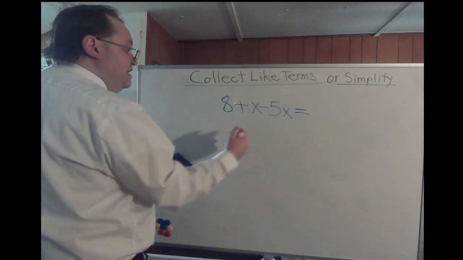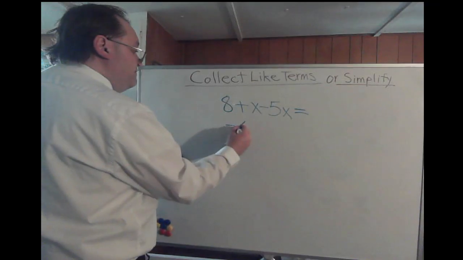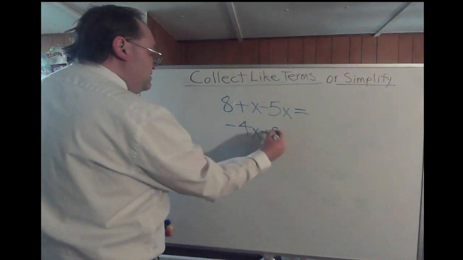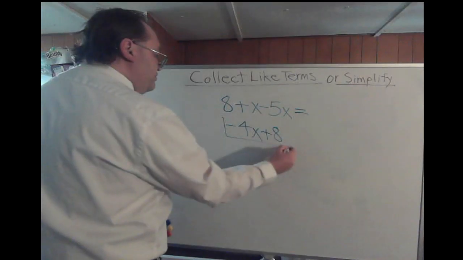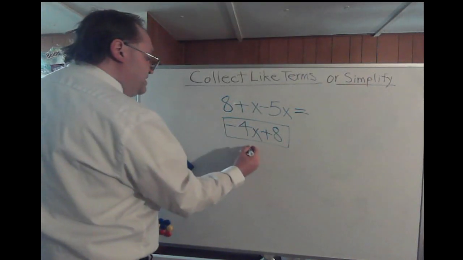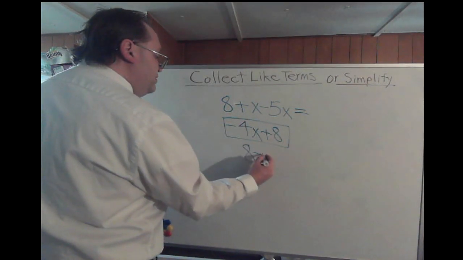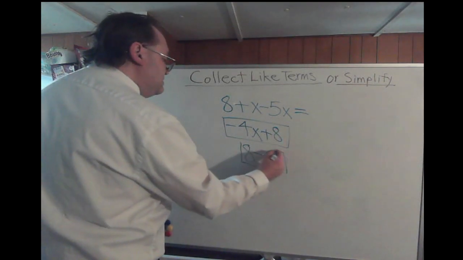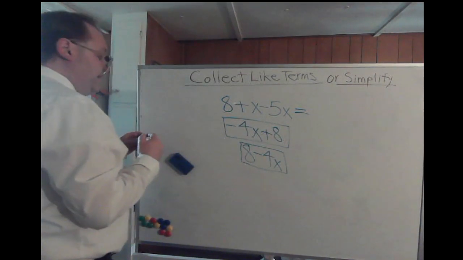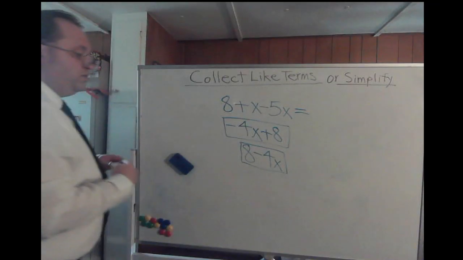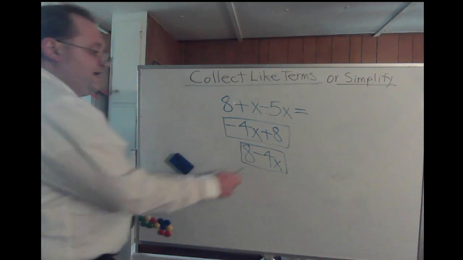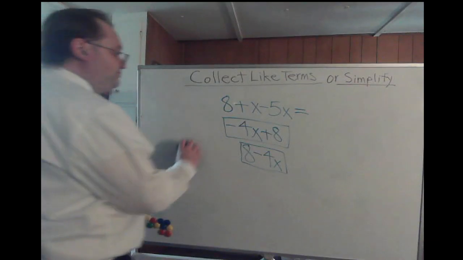So 1x minus 5x, well, that'd be negative 4x. Then you have plus 8 hanging out. So you may write it as negative 4x plus 8, or by the commutative property, you could write it as 8 minus 4x. Either way is okay to write it.